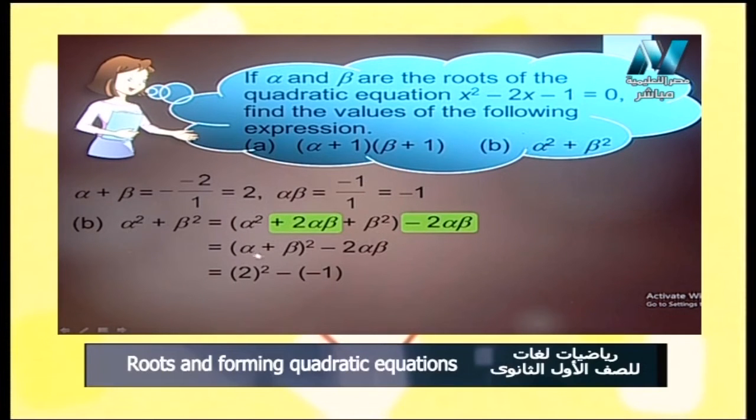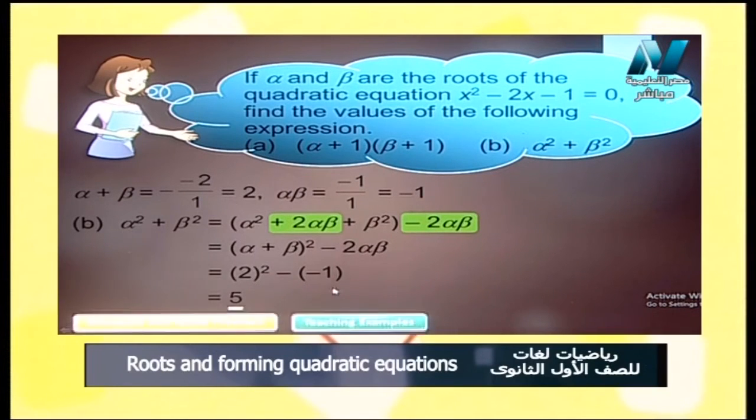So to find the answer, alpha plus beta power 2 will be 2 power 2 minus 2 multiplied by alpha beta. Alpha beta here is -1, and the answer will be 5.